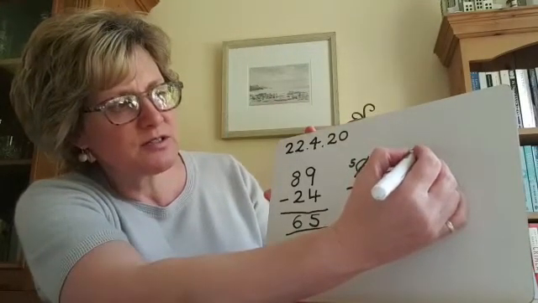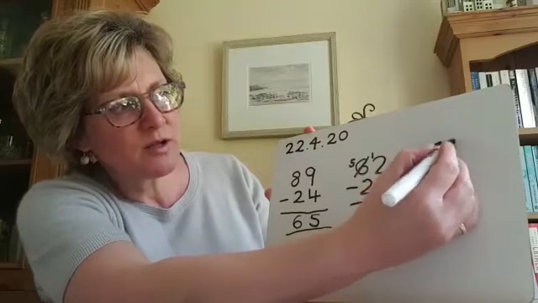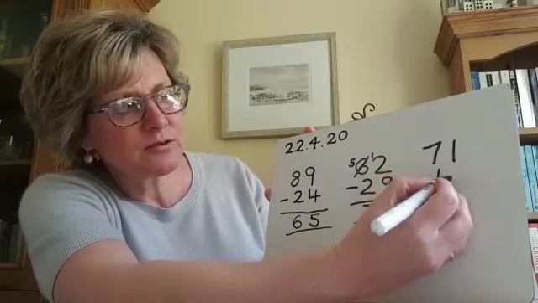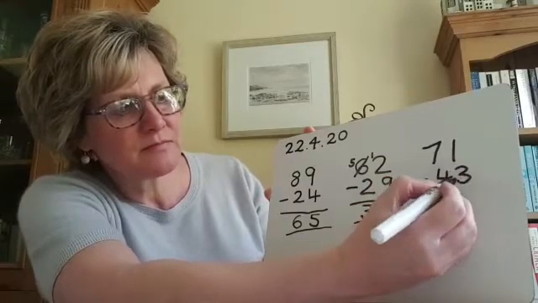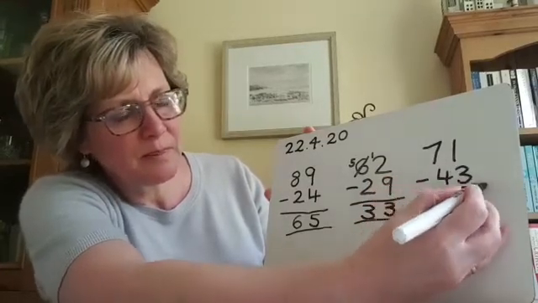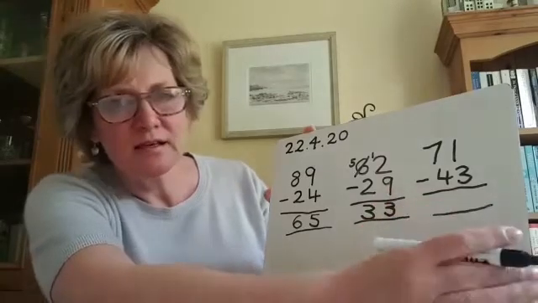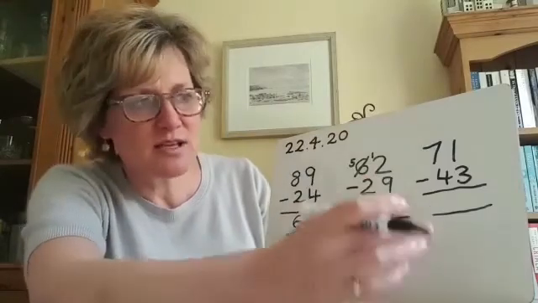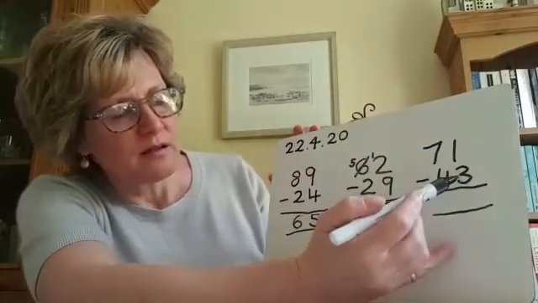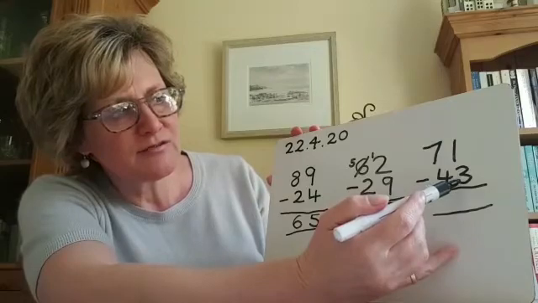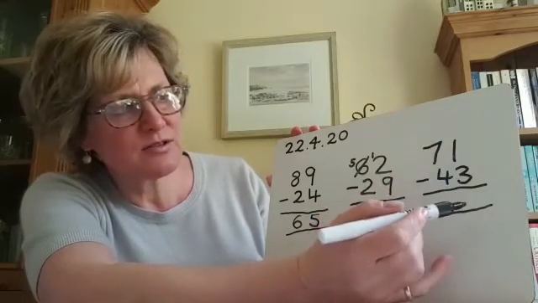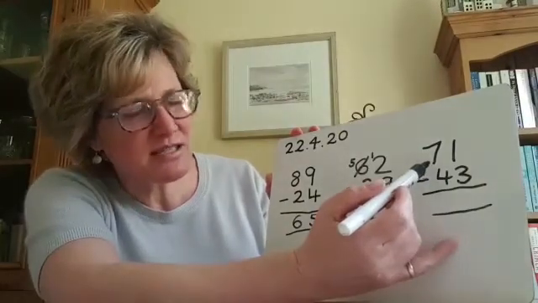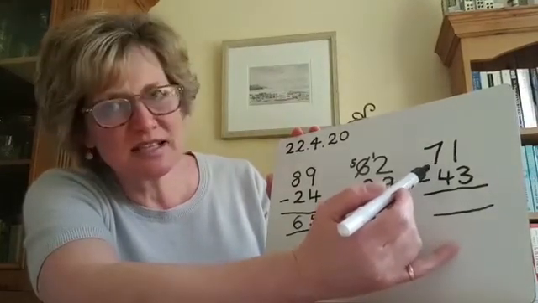Okay, let's try one more. This time we're going to do 71 take away 43. Make sure if you're practicing these with me that you're getting them in nice straight columns as well. So 3 away from 1 we can't do, so we have to look in the tens column, and we have to partition the 7 10s into 6 10s and 1 10.